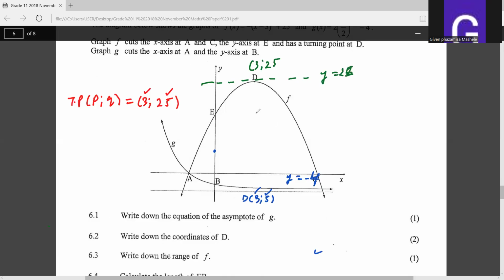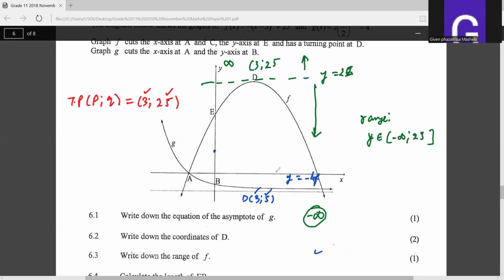So the graph exists from 25 and below, not above 25, because the range is the set of y values where the graph exists. Since there is negative infinity, the range would be y is an element from negative infinity up until 25, inclusive.